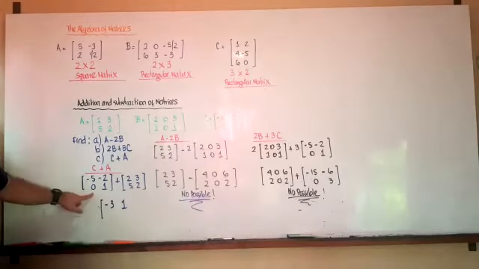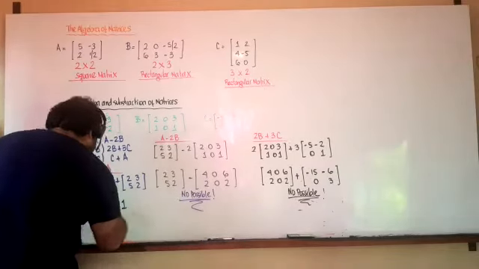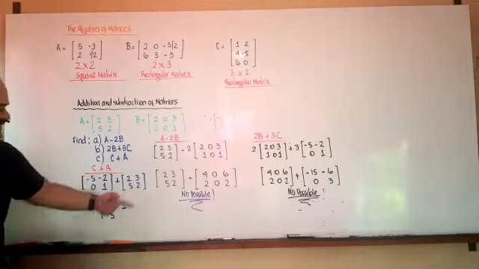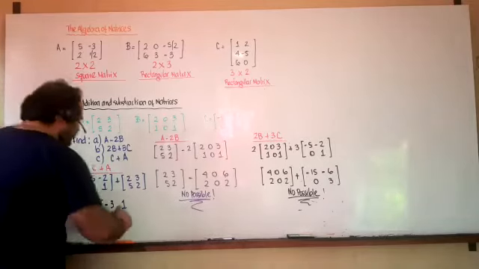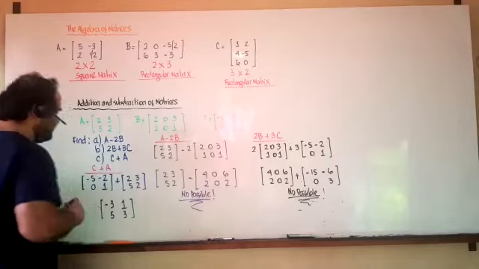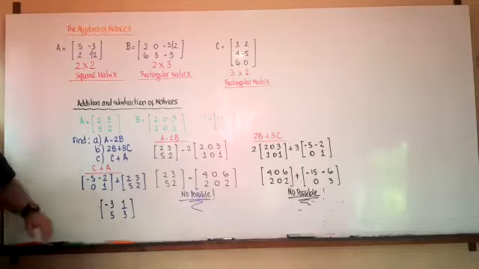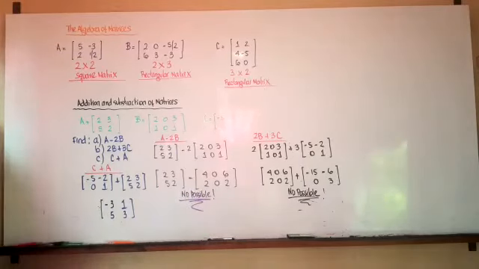How about the number 0? 0 plus 5, 5. And 1 plus 2 will be 3. And this is going to be the solution for part C. Understood?